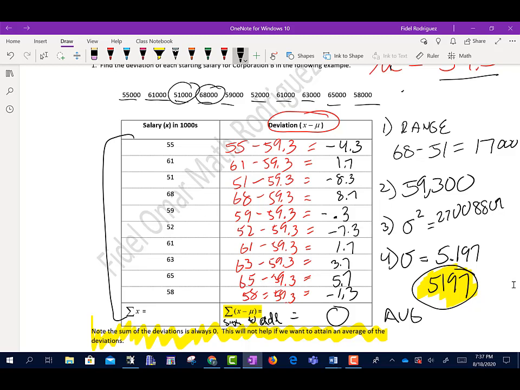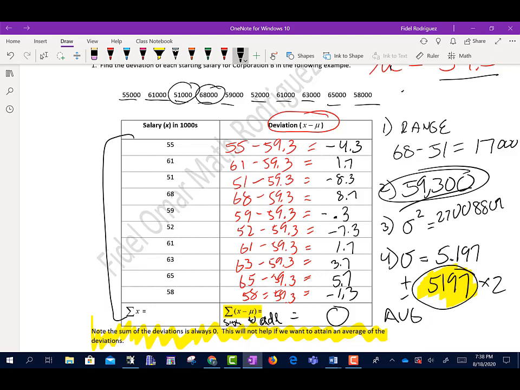You're going to have a certain group that are going to be plus or minus 5,200 from the average of, where was it? Right here, 59,300. There's going to be a certain group that's going to be about $5,200 plus or minus from there. And then there's going to be another group that's going to be this number times 2. And there'll be another group, that number times 3, that'll either be plus or minus from that average, okay?